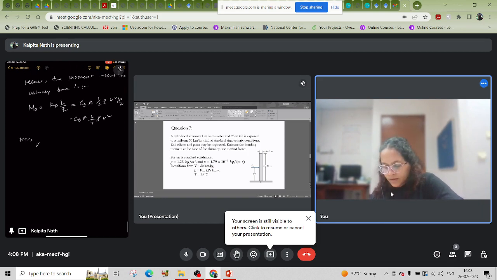Now V is equal to 50 kilometer per hour into 10 to the power 3 meter per kilometer into 1 hour by 3600 second. We are just converting V from kilometer per hour to meter per second. So it will be 13.9 meter per second.